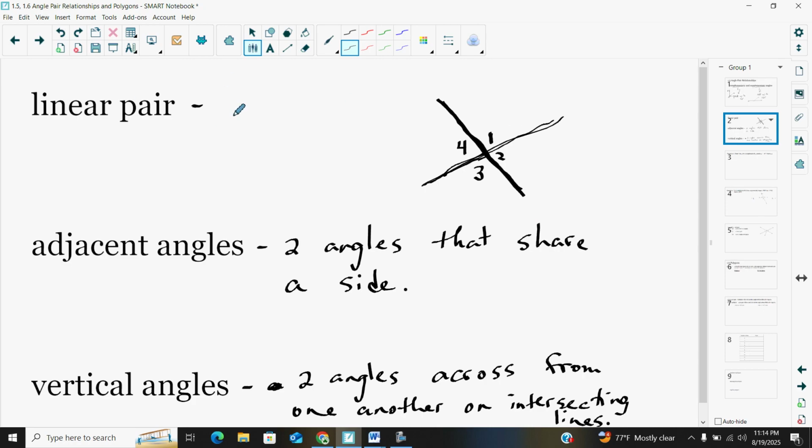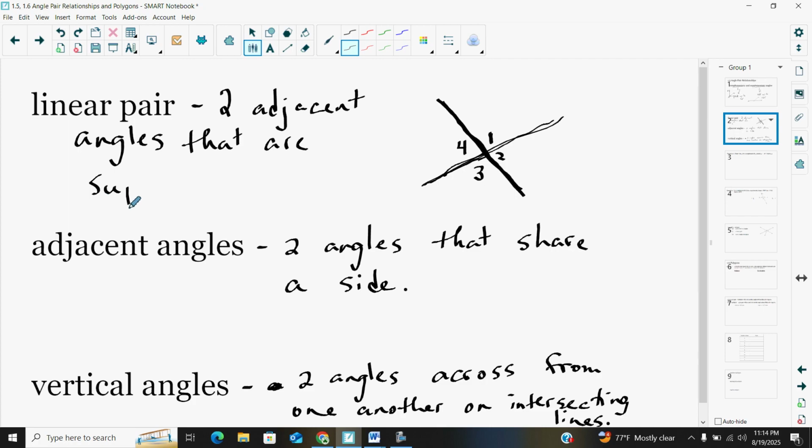And a linear pair is two adjacent angles, so they need to share a side, that are supplementary. They add up to 180.